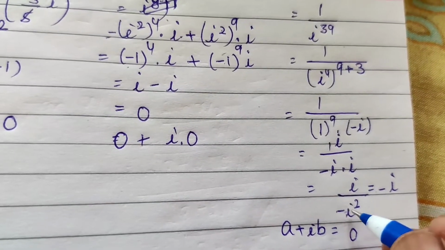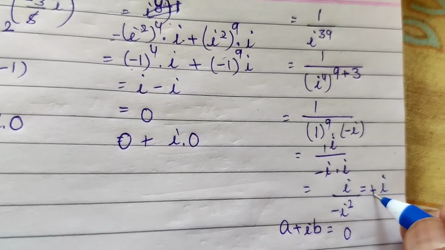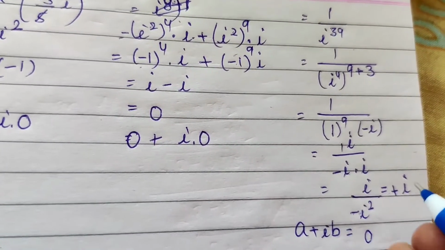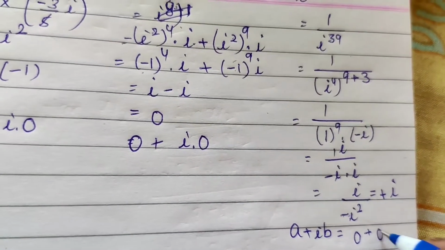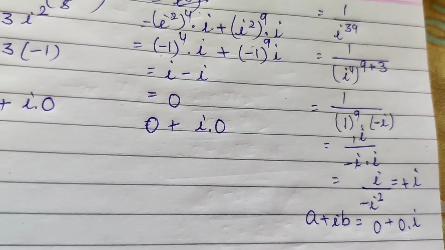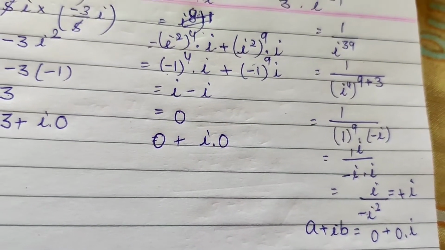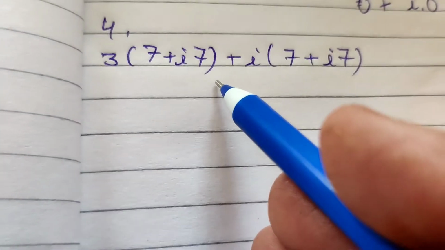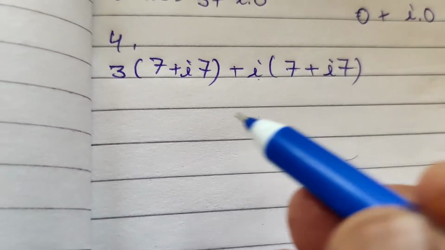Minus i square is -1, minus into minus is plus, so it is equal to 0 into i.